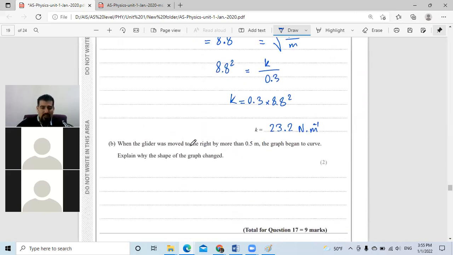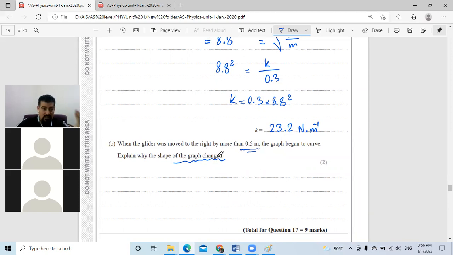When the glider was moved to the right, more than 0.5 meter, the graph began to curve. Explain why the shape of the graph changes. Who can tell me why the graph is no longer a straight line?